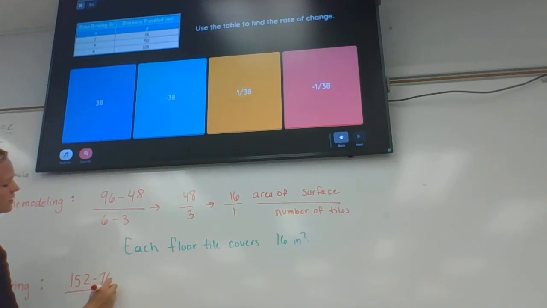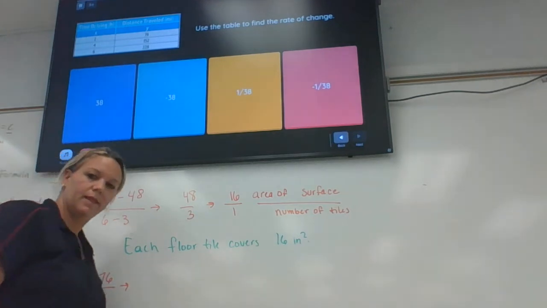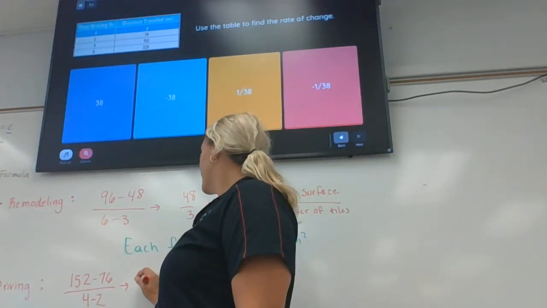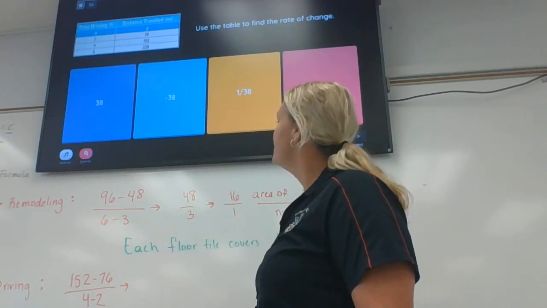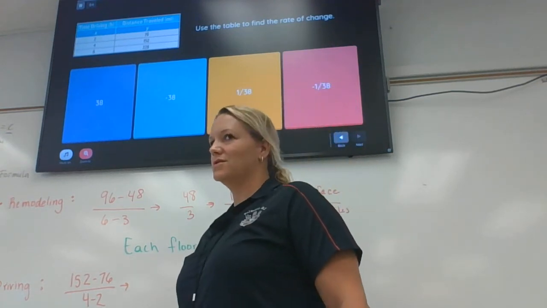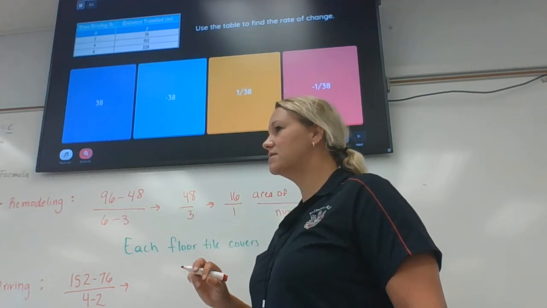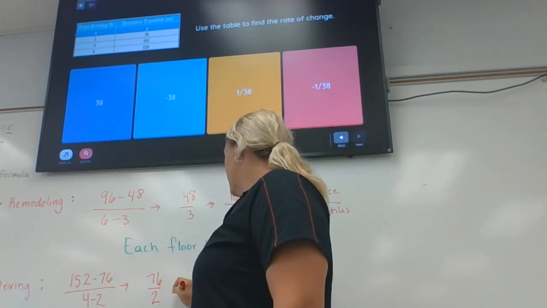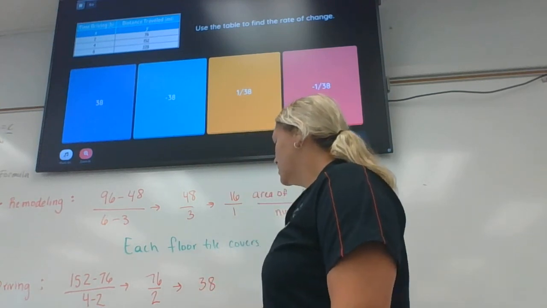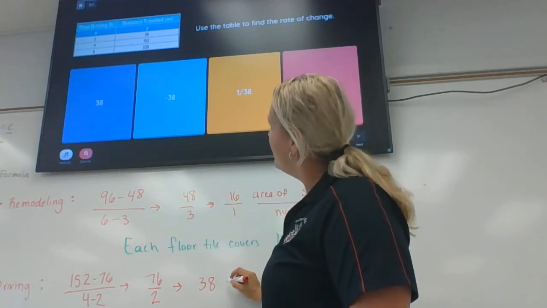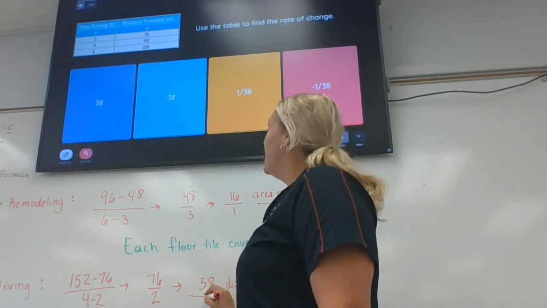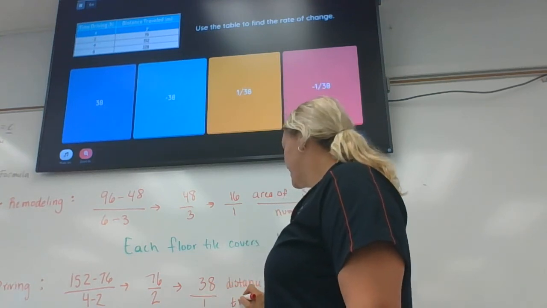Time drive. We're traveling 38 miles per hour. The y values is distance. The x values is time.